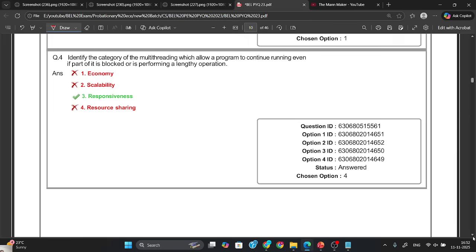Identify the category of multi-threading which allows a program to continue running even if part of it is blocked or performing a lengthy operation. If we talk about multi-threading, we can categorize it into two types.